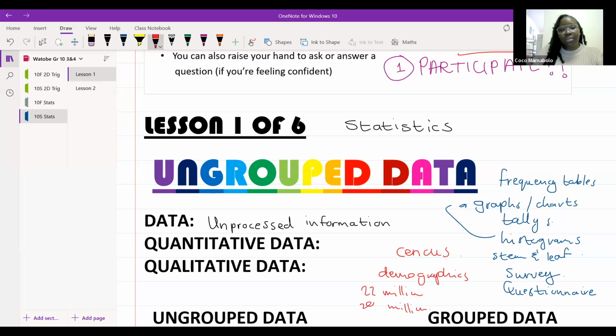If only 20 million kids are enrolled in the school system, then the government can be like, hold on, what's happening? Where's the other 2 million kids? Okay, yeah. So that's a lot of headaches. That's kind of what they use the census for, to make sure that they're providing for everybody properly.